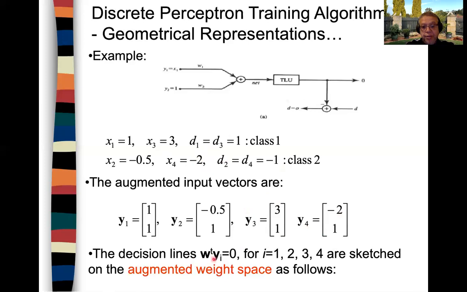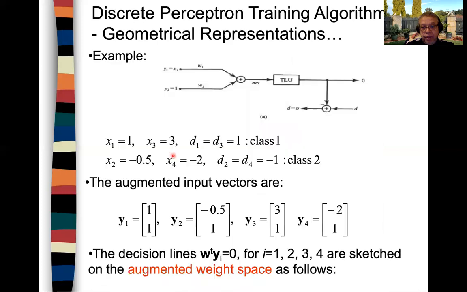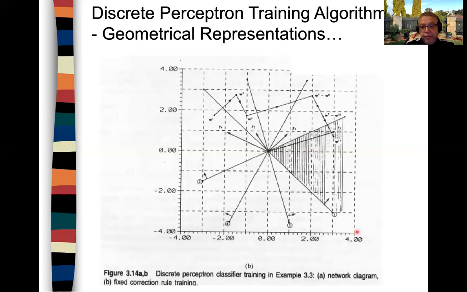And the decision lines, W transpose yi equals 0, for i equal 1, 2, 3, 4, are sketched on the augmented weight space as follows. So these are my decision boundaries. This is for the first pattern, the second pattern, the third pattern, and this is W1, W2. So you can easily find the equations for these lines and then plot them on the weight space, okay?